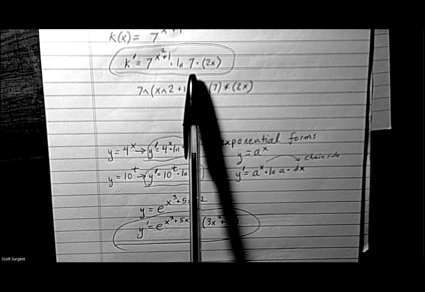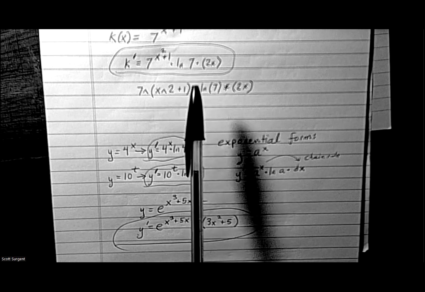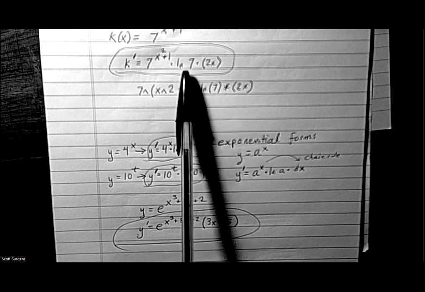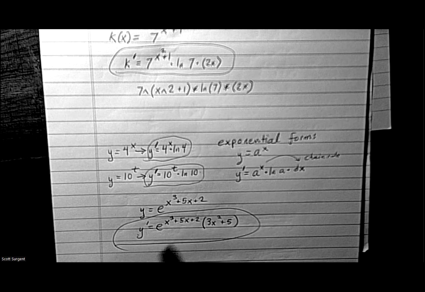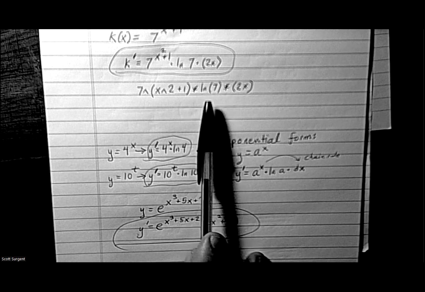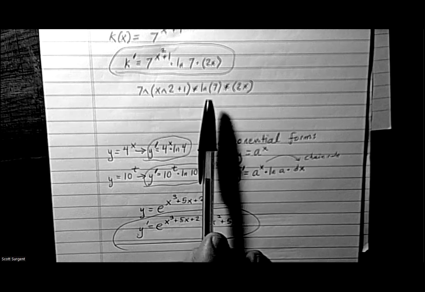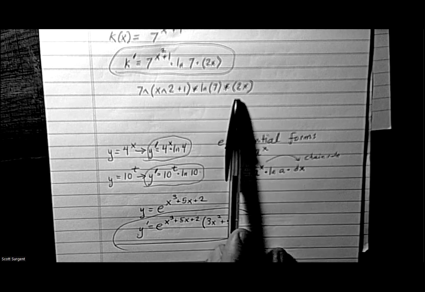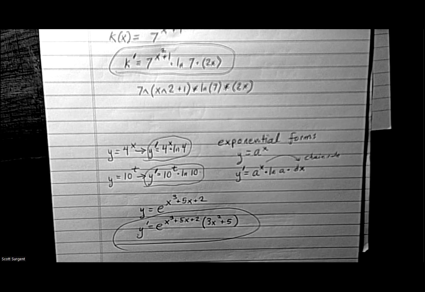They do exactly what you tell them to do, no more and no less. So you want to make sure that you enter this correctly. You'll notice I put parentheses around the 7. That's just me being safe. ln parentheses 7. That way the computer knows that the ln only attaches to the 7, not to the 2x. You want to be careful again with the syntax.